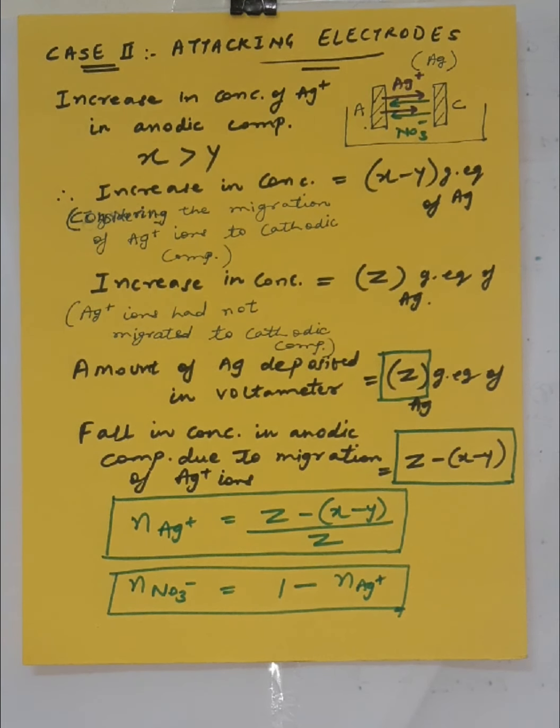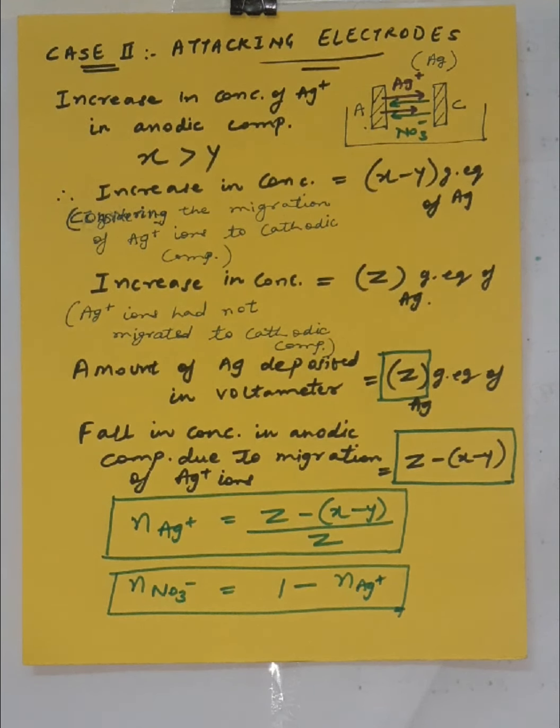Rather, there will be an increase in concentration of the silver ions. So I can say now X will be greater than Y, just the reverse of the first case. So the increase in concentration within the anodic solution will be X minus Y gram equivalent of silver.